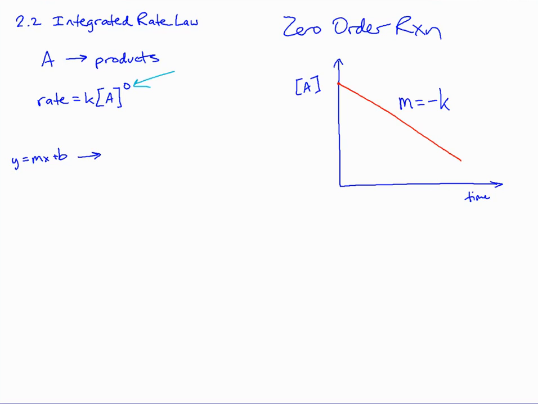I don't want to do a lot of deriving formulas. Your y is the concentration of A, your slope is negative k, and your x value is time.